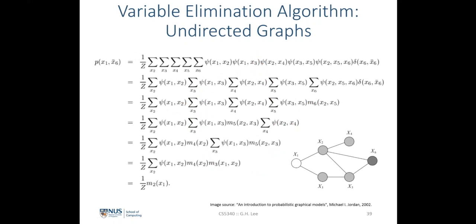And here it would be the same operation when we want to compute the marginal probability of X1 and X6, where we have observed X6 to be at x bar 6 over here.